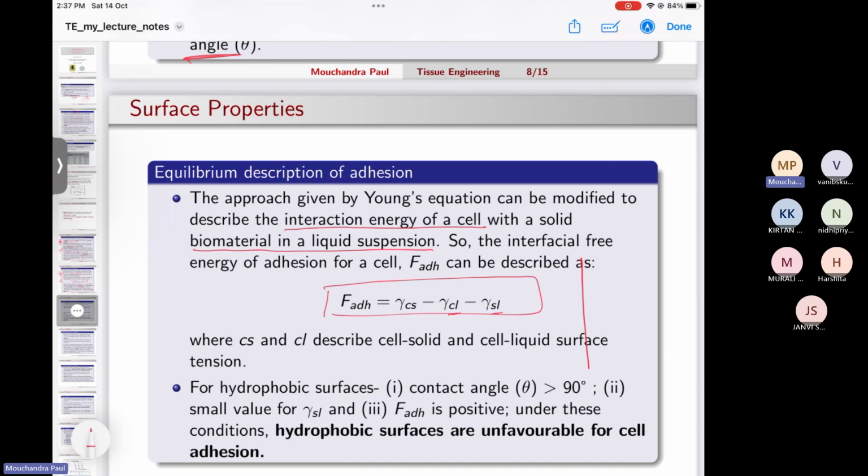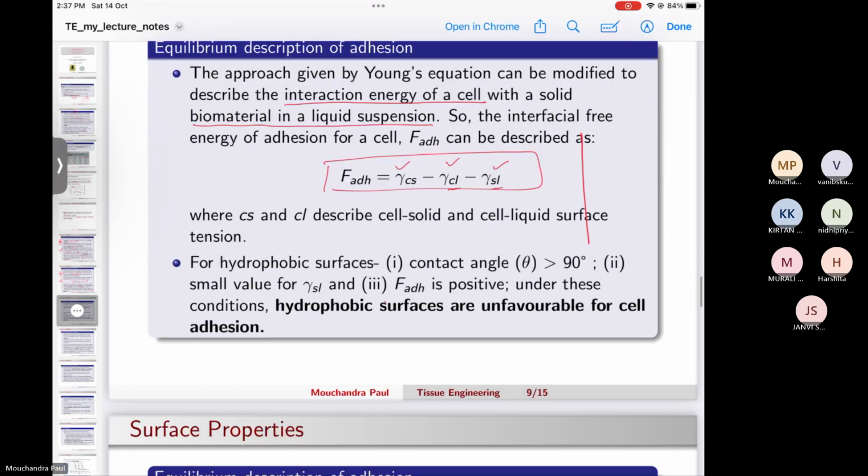When we know the surface tension for all these interfaces, we can get the interfacial energy, meaning how much energy is used for adhesion of the cell on the surface of the biomaterial in the presence of a liquid environment.